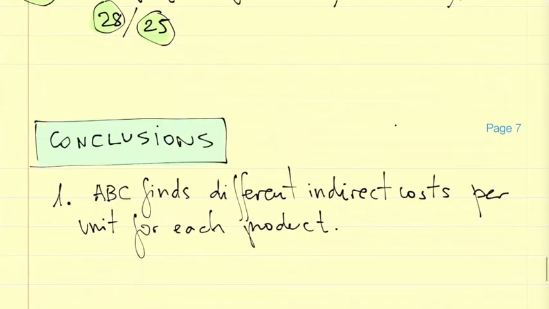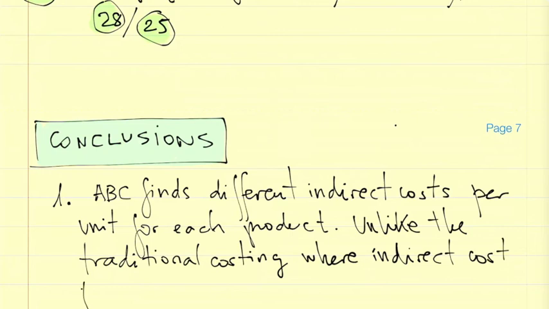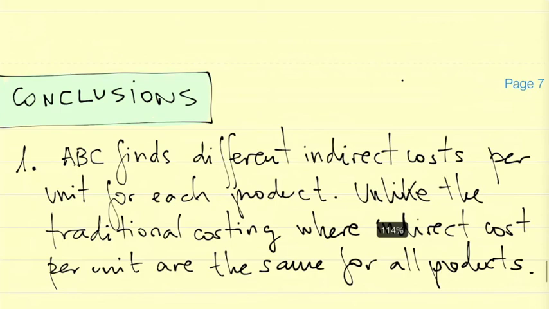Unlike the traditional costing, where indirect cost per unit are the same for all products. Okay, this is the first conclusion.